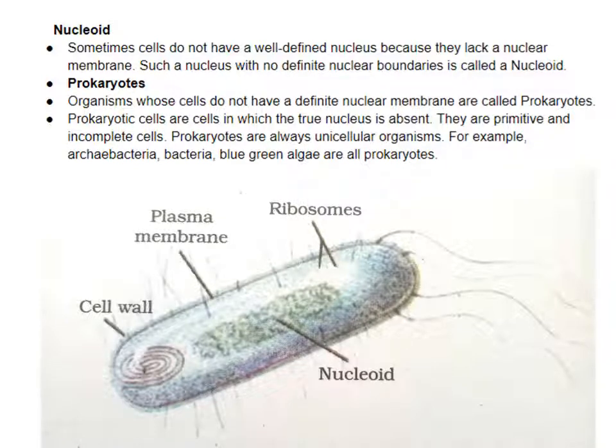These prokaryotic cells are primitive. They are incomplete cells, and they are always unicellular organisms. A few examples are bacteria and blue-green algae. They all are prokaryotes.